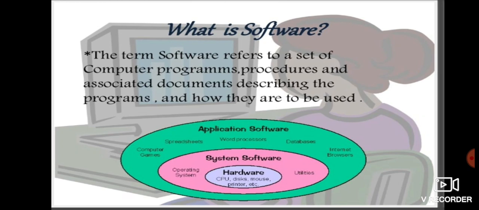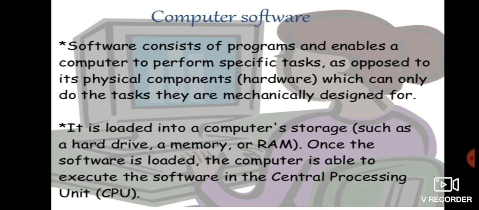Software is essentially a set of computer programs, procedures and associated documents describing the programs and how these programs are to be used to perform specific tasks. Computer software consists of programs and enables a computer to perform specific tasks, as opposed to its physical components, hardware, which can only do the tasks they are mechanically designed for.